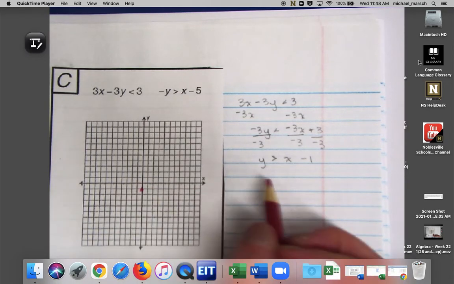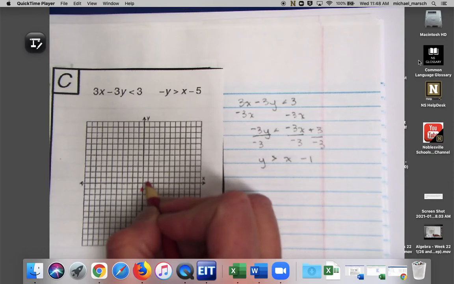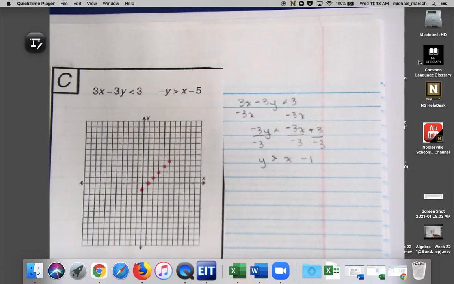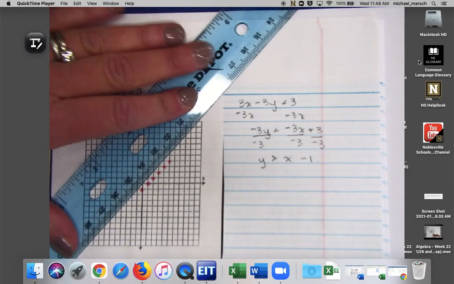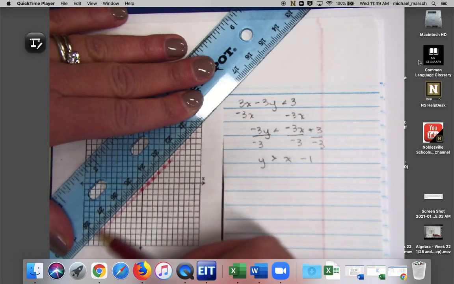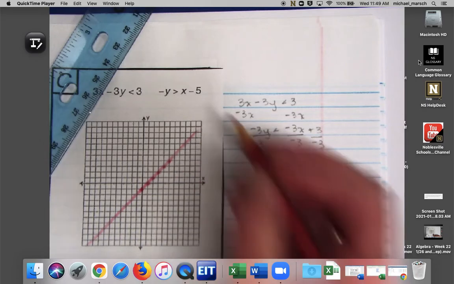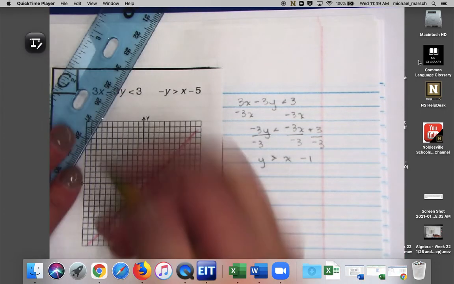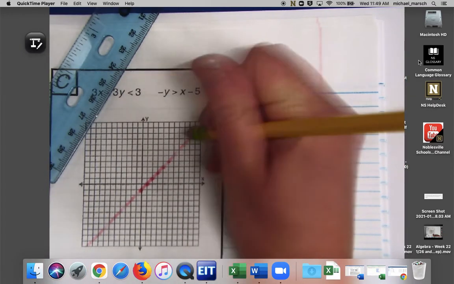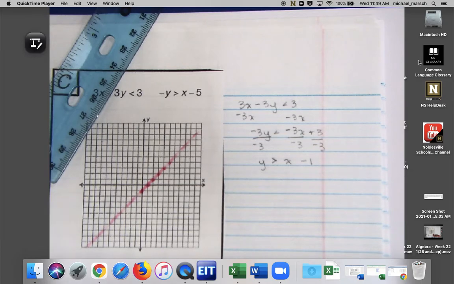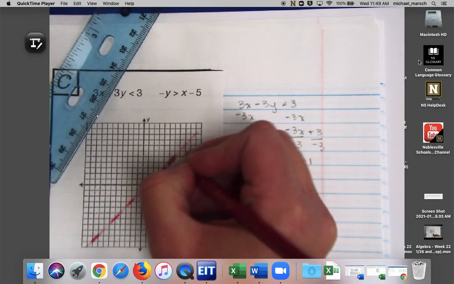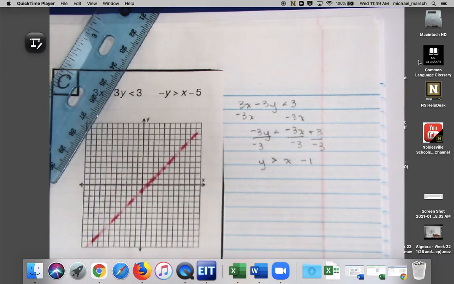I've got a slope of 1, so up 1 over 1. Oops, it was supposed to be dashed. Guys, I cannot get it together today. You guys probably dashed it, right? Because you're smart. Sure. Okay.